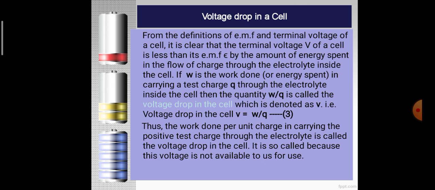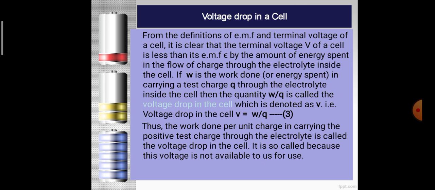From the definitions of EMF and terminal voltage of a cell, it is clear that the terminal voltage V of a cell is less than its EMF epsilon by the amount of energy spent in the flow of charge through the electrolyte inside the cell. If W double prime is the work done in carrying a test charge Q through the electrolyte inside the cell, then the quantity W double prime by Q is called the voltage drop in the cell, denoted as v.